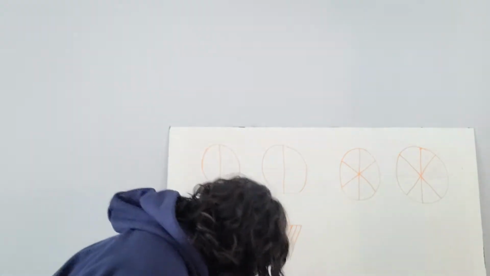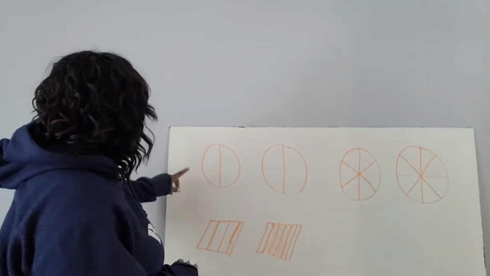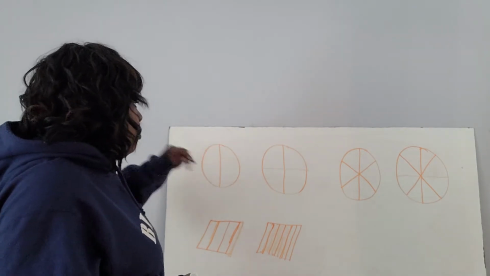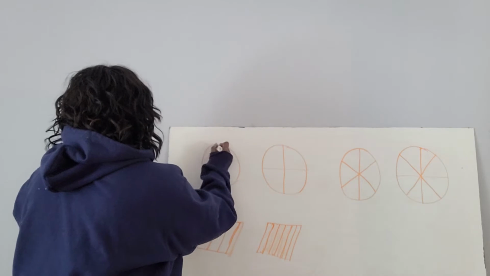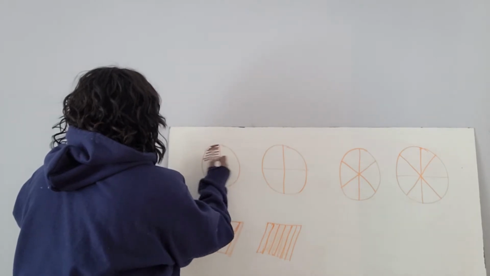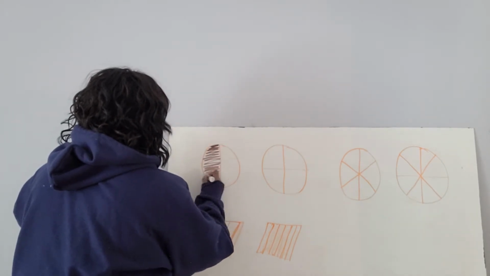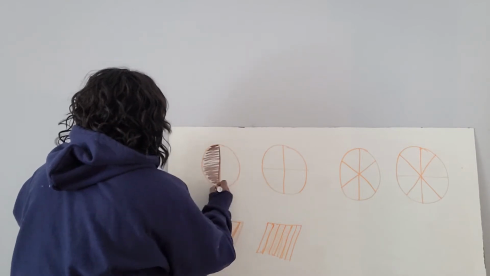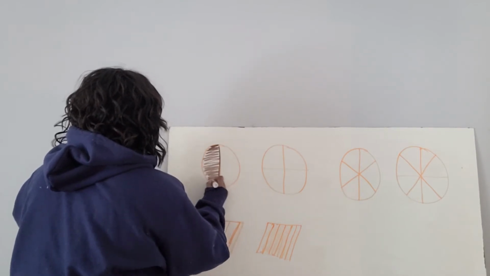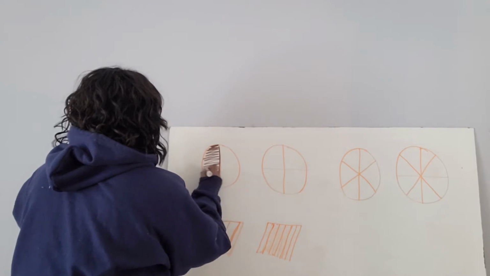If I have this and I wanted to share it with my friends, I'm going to obviously take one of these and give it away. And once I give one piece away to my friends, how much have I given away? 1/2.